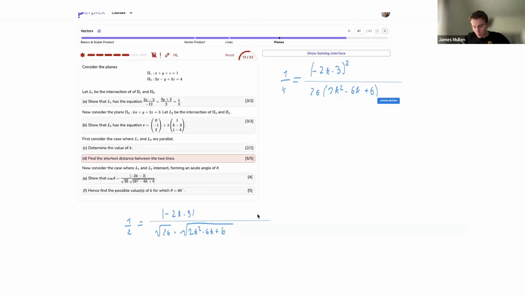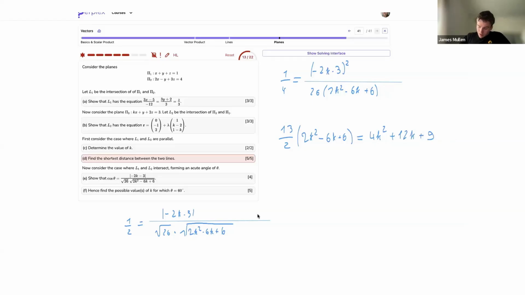Now what I'm going to do is cross multiply. I'm going to bring the 26, 2k squared, etc. to the left-hand side. And 26 over 4 is going to be 13 over 2. And that's going to be times 2k squared minus 6k plus 6 is equal to, and now if I expand my minus 2k minus 3 squared, because there's a negative on the inside, and I'm going to square the whole thing, it's going to be the same thing as 2k plus 3 squared, so I'm going to have 4k squared plus 12k plus 9.